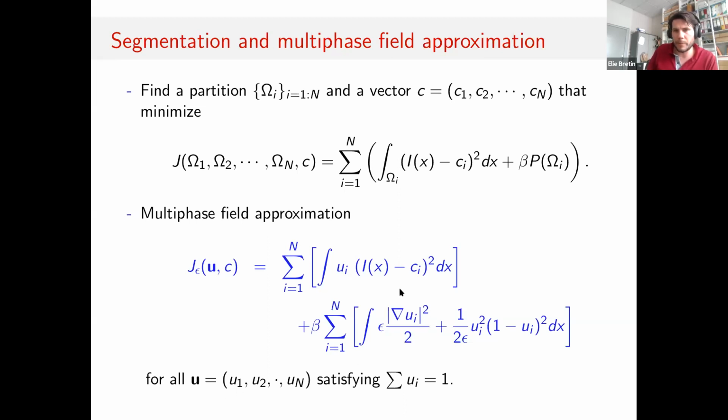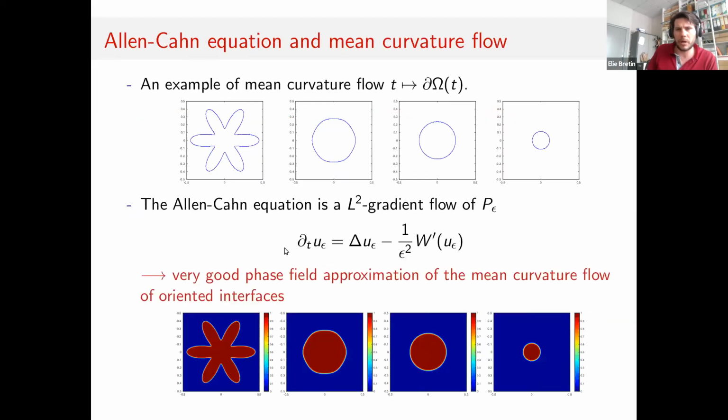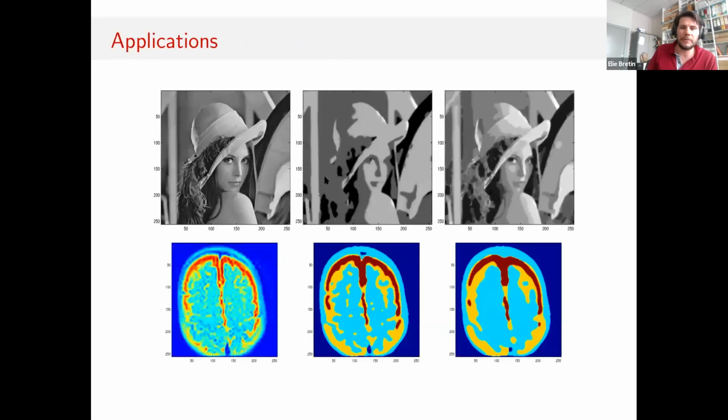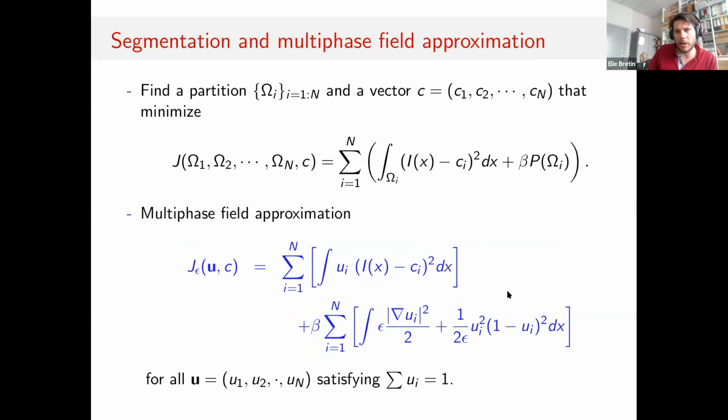So we have a very simple scheme for the Allen-Cahn equation to minimize G epsilon if you consider its L2 gradient flow. And this is what you obtain, for instance, where here I take an image which comes from magnetic resonance imaging, and we consider only 4 phases, and I just modify the coefficient beta, which corresponds to the regularization term parameter.